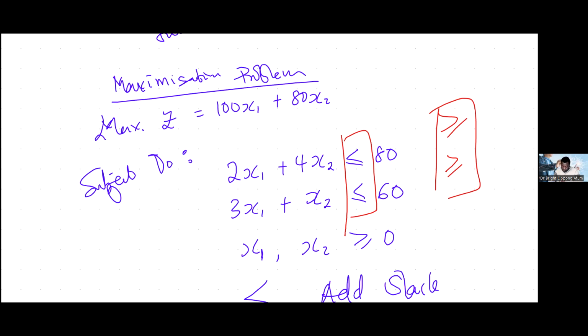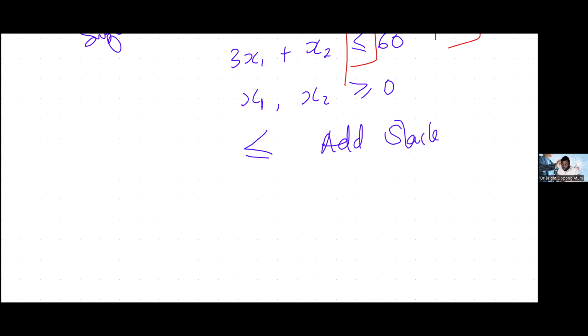All right, so if it's less than or equal to, you add slack. So we will take our first constraint: 2x1 plus 4x2 is less than or equal to 80.